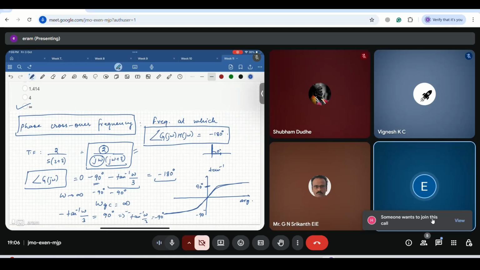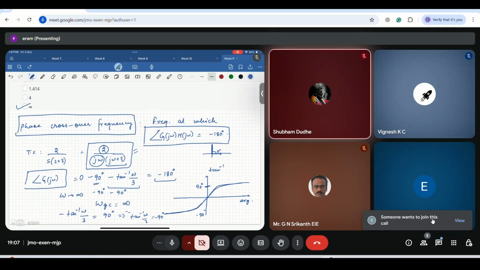Anyhow, you will get the same thing. And tan inverse is minus 90 at infinity. So that's why the answer is infinity. Clear? Yes. Okay.